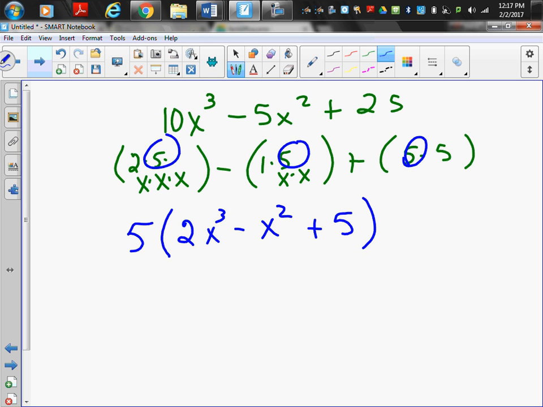Wait a minute, 2 is a prime number. Let me go back. 0 and 1 are the special numbers. They're not prime, not composite. So 2, 3, 5, 7, 11.